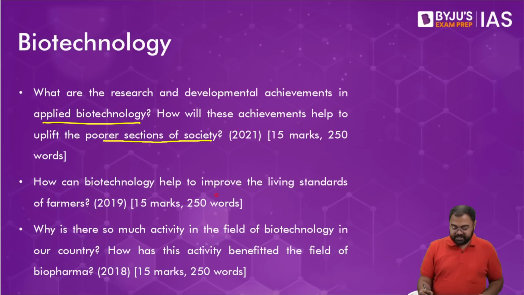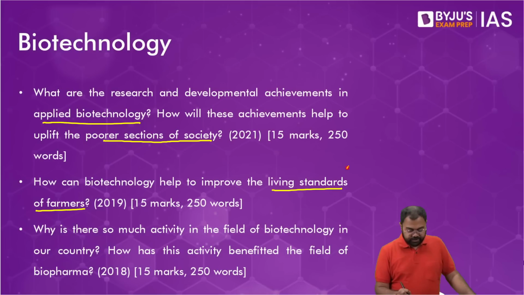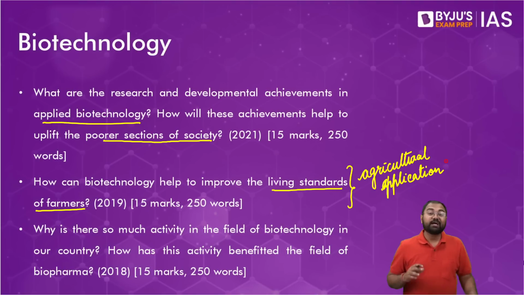How can biotechnology help to improve the living standards of farmers? This question is nothing but about all the agricultural applications that we discussed in the class. That basically is what you have to write. Just that you'll have to mend your words, you'll have to fit to what the question has asked.